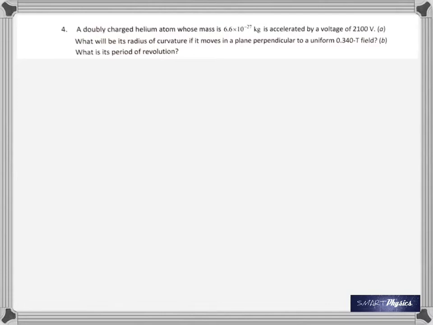Multiply its charge with the voltage. Now, the problem says this is a doubly charged helium atom. When it says doubly charged, that means it's lost both the electrons. So its charge is now twice that of the electron.